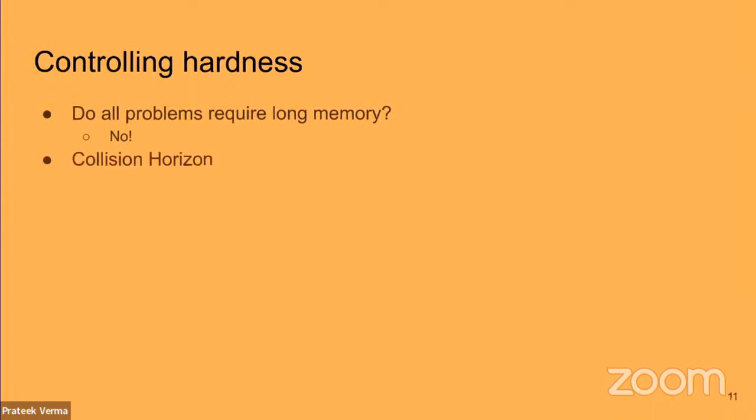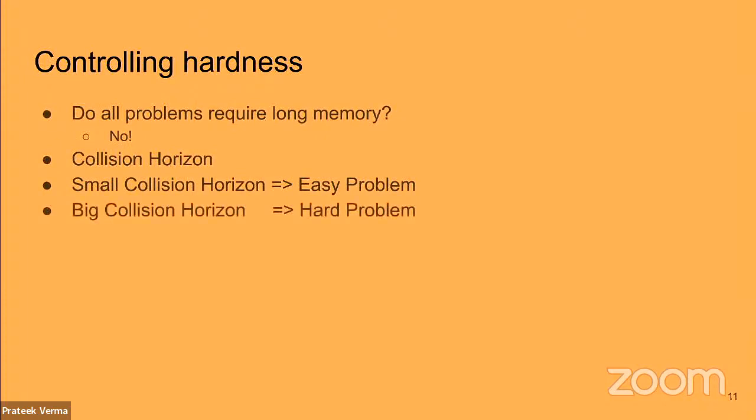So for that, we define something which we call the collision horizon, which measures the complexity of a problem instance. This collision horizon is going to be a parameter of our algorithm. When the collision horizon is small for an instance, it's an easy problem, and our algorithm can solve it efficiently.